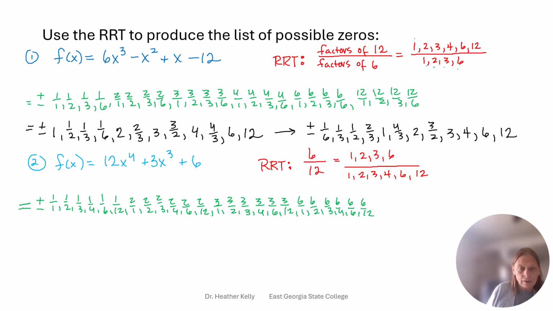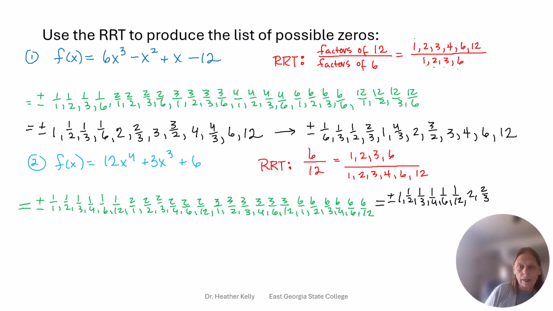So let's write this out after we've cleaned it up. Plus or minus, we got 1, 1/2, 1/3, 1/4, 1/6, 1/12. Then we got 2, 2/3, 2/4 is 1/2, 2/6 is 1/3, 2/12 is 1/6.